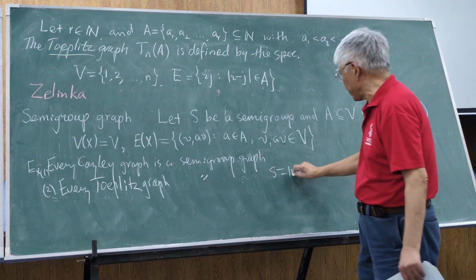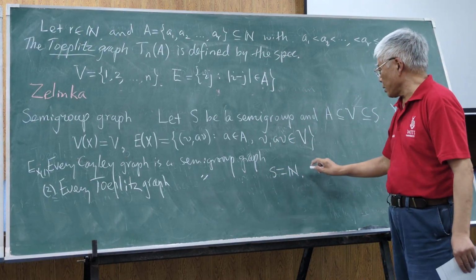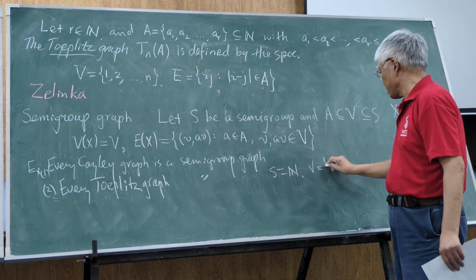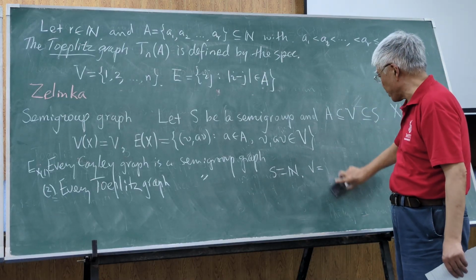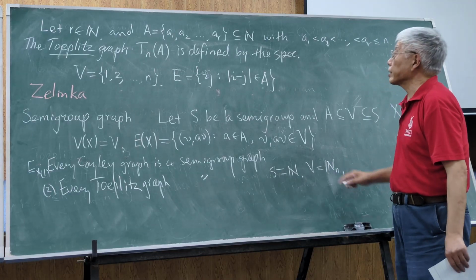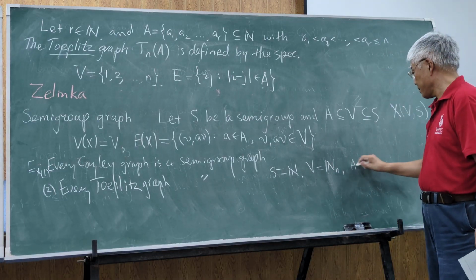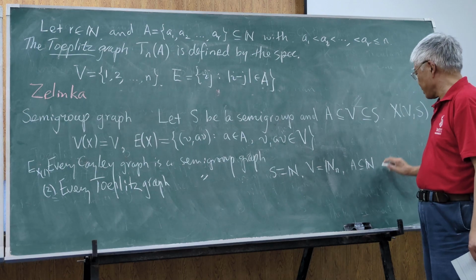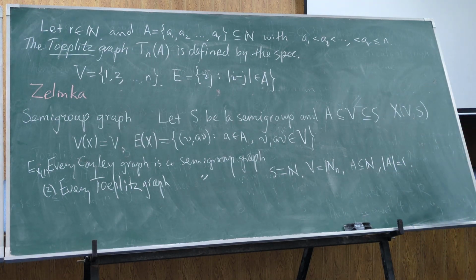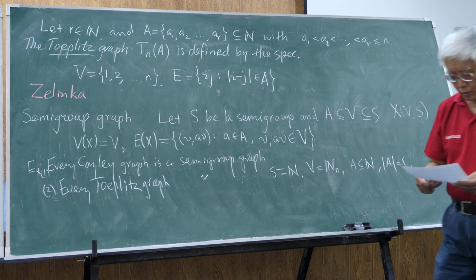S is equal to n, and B is 1, 2, 3, 4 to n. B is n sub n, and A is there. So every triplet graph is a semi-group graph for this specific semi-group question.